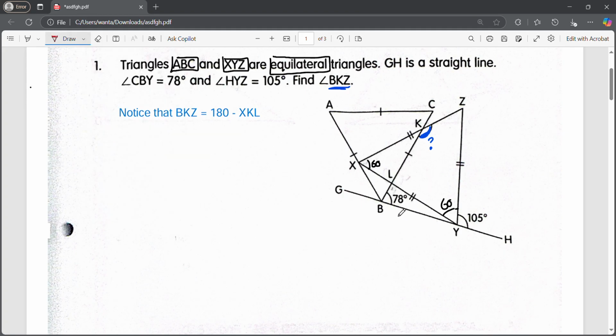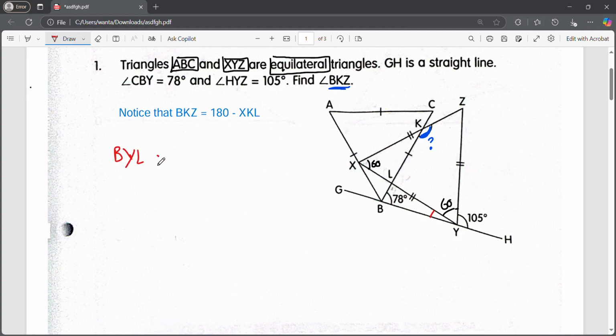Well, what else do we know? There's a 78 and there's a 105. So you need to use all the angles shown in the picture and in the question to try to find the other unknown angles first, and hopefully eventually you'll be able to find the angle you're looking for. So in this question we should try to find BYL first.